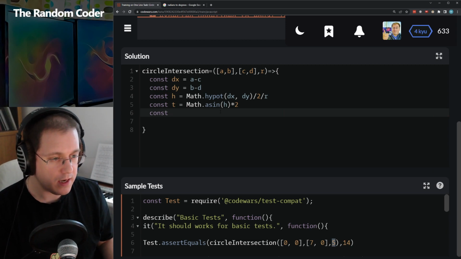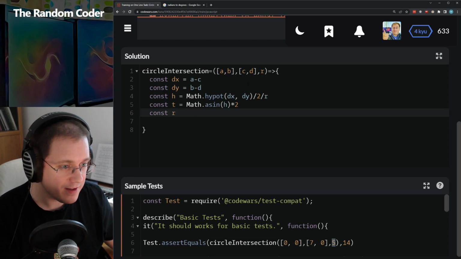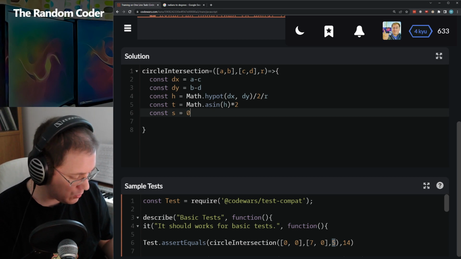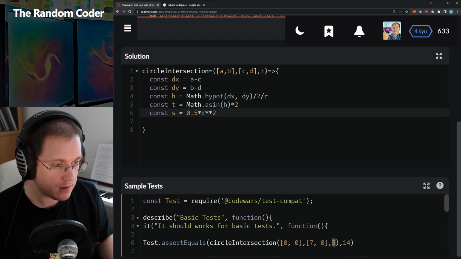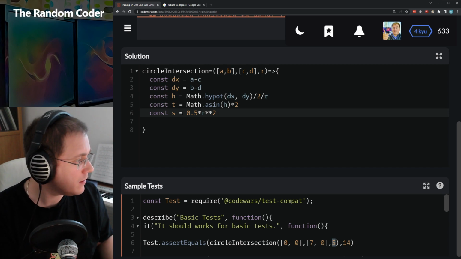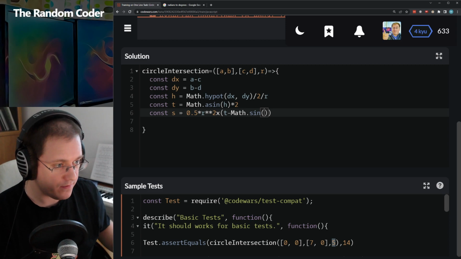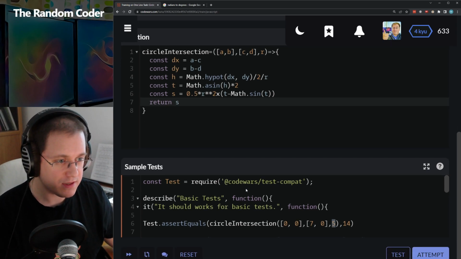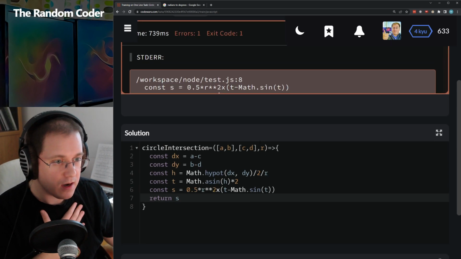So const, we've used a, so let's go, I don't know, r for, oh, we've got r, I was going to say r for result, but s for solution equals 0.5 times r squared, r to the power 2, times, open bracket, close bracket, t for theta minus Math.sin of theta. And then, in theory, we can return s, and that'll be the solution. I have the feeling, though, the hard bit is just about to start.